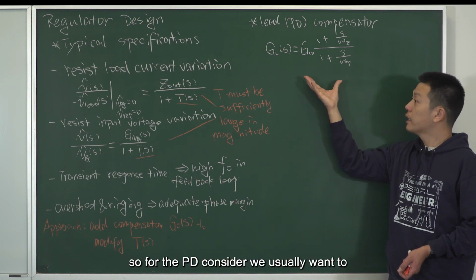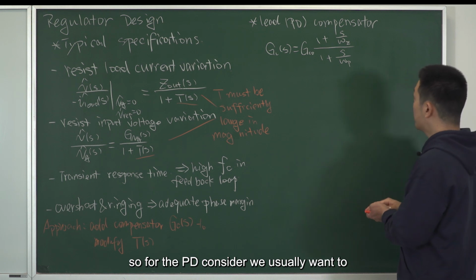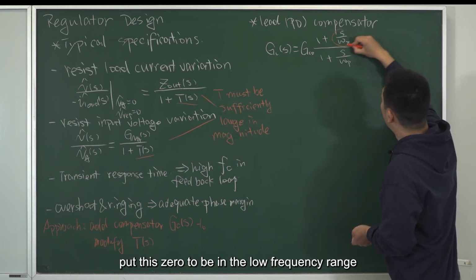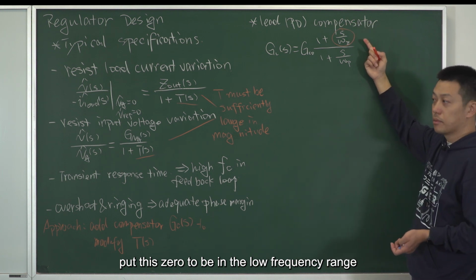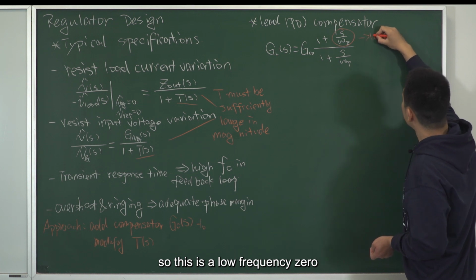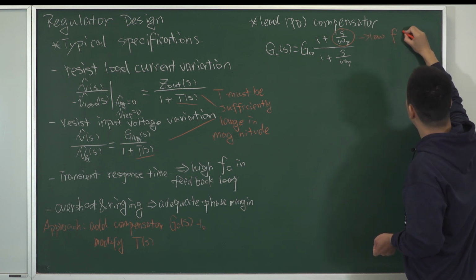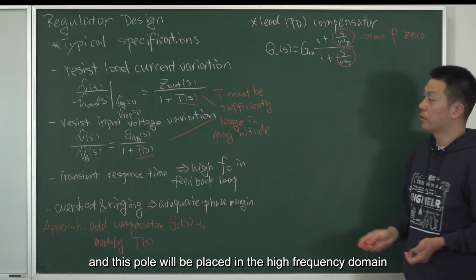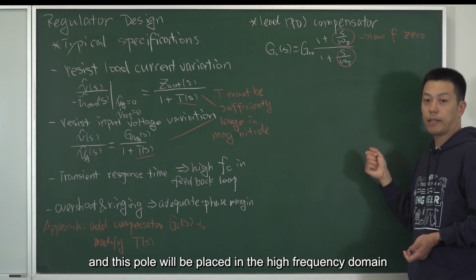So for the PD compensator, we usually want to put this zero in the low frequency range. So this is a low frequency zero, and this pole will be placed in the high frequency domain.